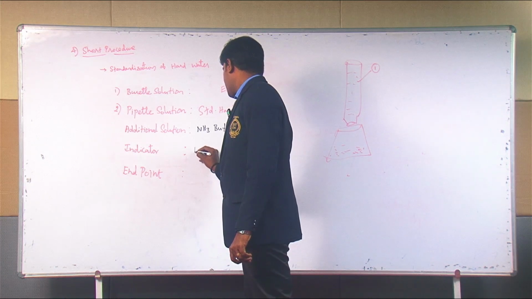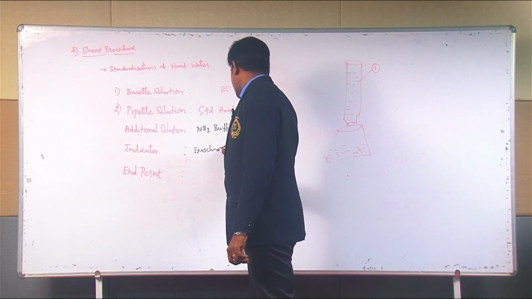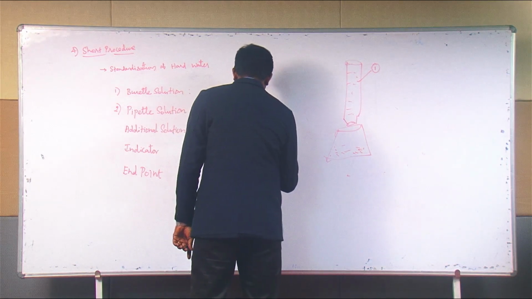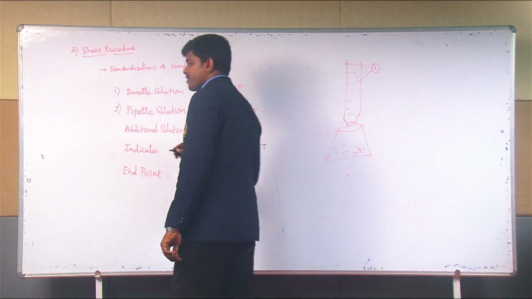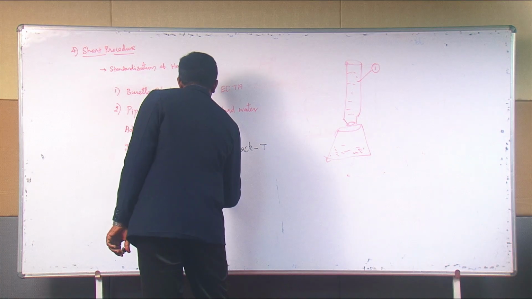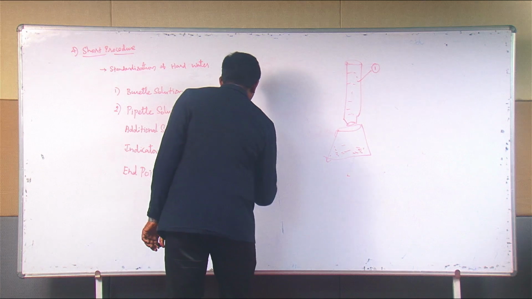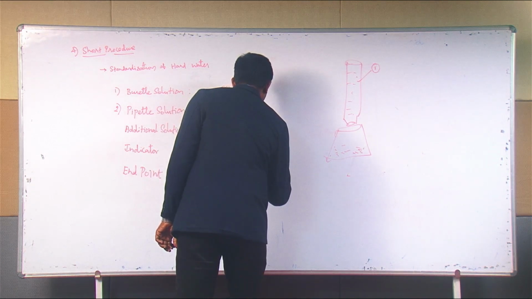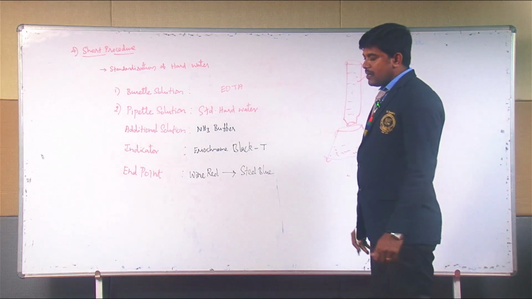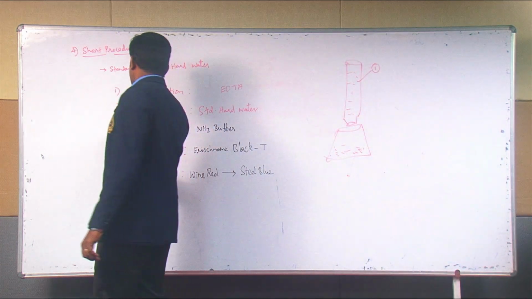Indicator: Eriochrome Black T will be used as the indicator, and the endpoint is wine red to steel blue. So this is the short procedure.